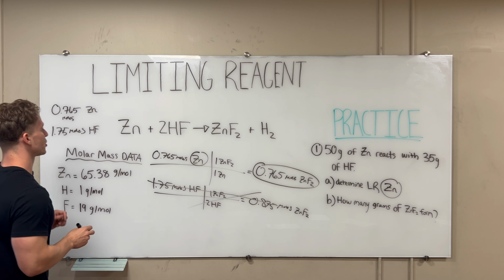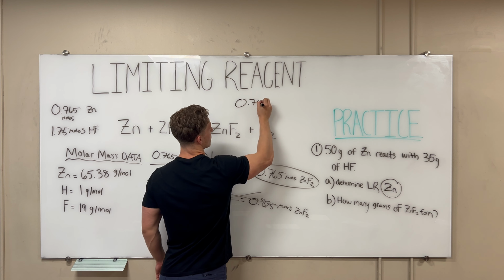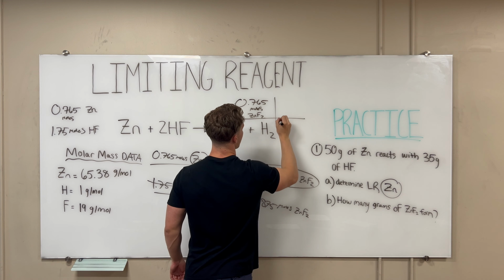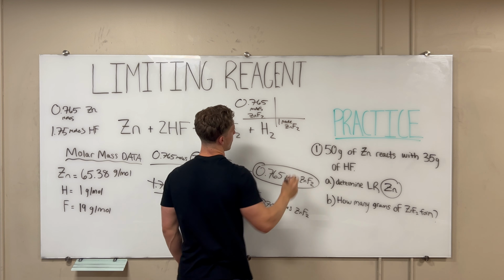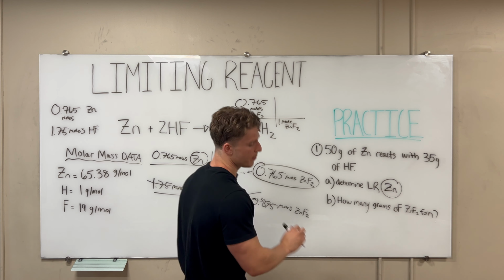To get that to grams, we take 0.765 moles of ZnF2 over 1 mole of ZnF2. We have to multiply by the molar mass here, which is 103.38. We multiply this out, and we get 79.09 grams.